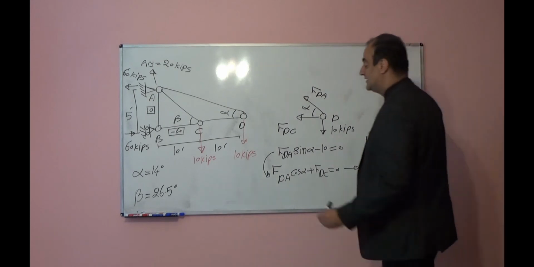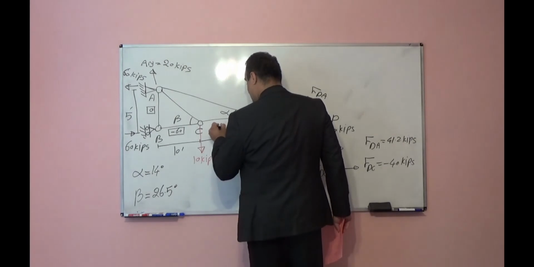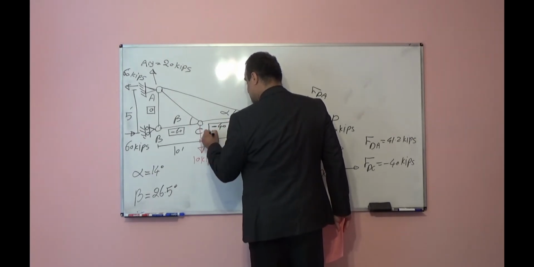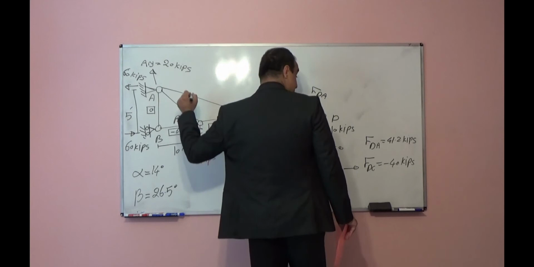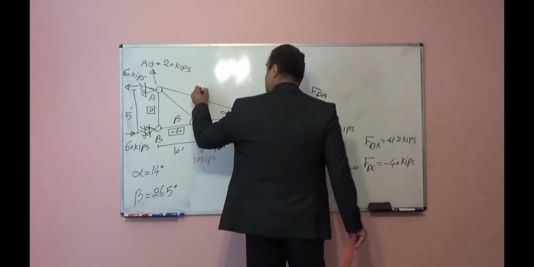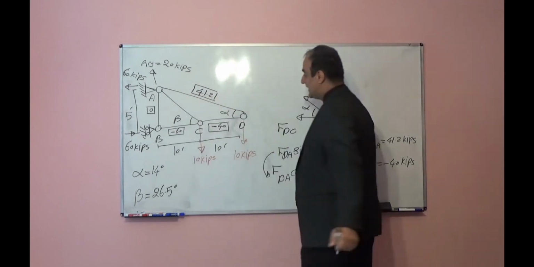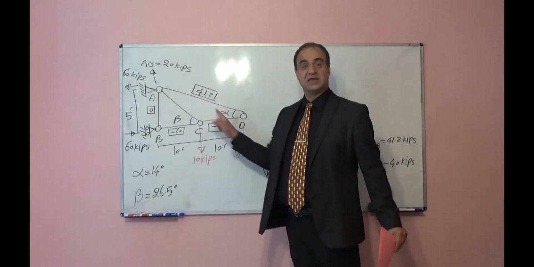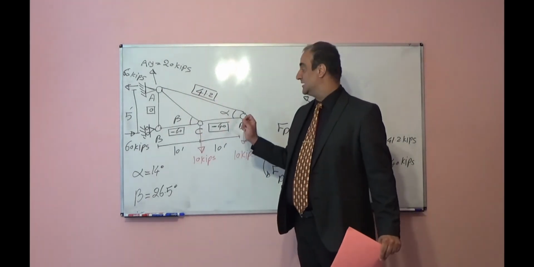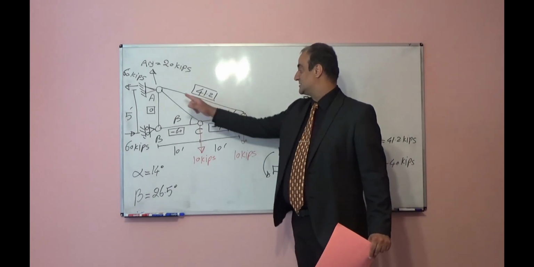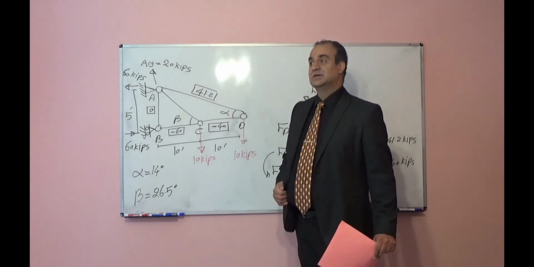So DC negative 40 kips, DA it is positive 41.2 kips.